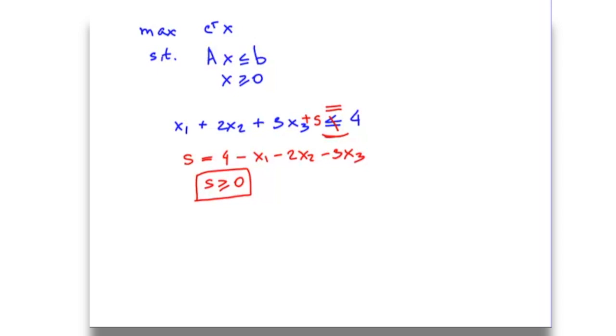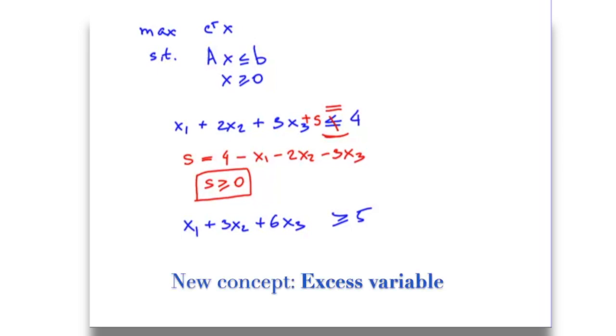Similarly, if we consider the greater than or equal to constraints, say if I have something like this, x1 plus 3x2 plus 6x3 is greater than or equal to 5. So in this case, the left-hand side exceeds the right-hand side, and we can subtract this excess from the left-hand side.